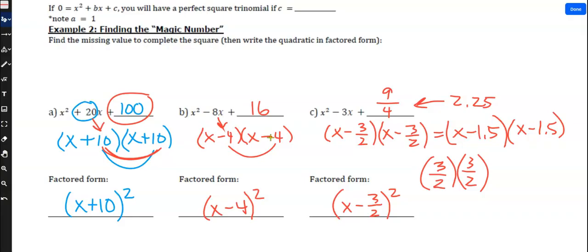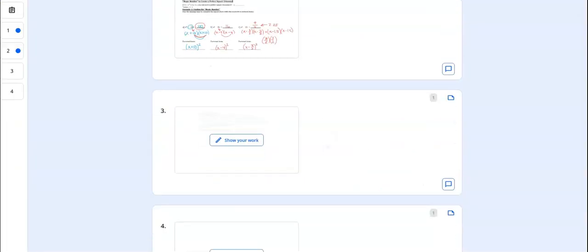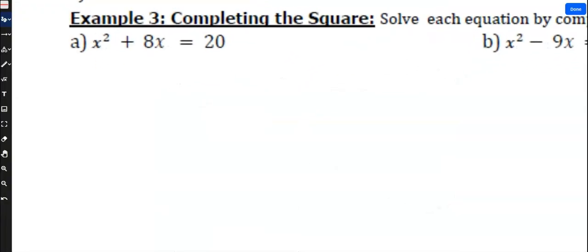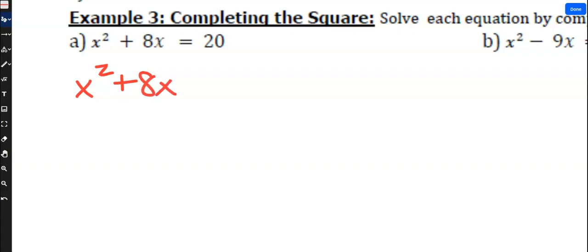But if we know the process is half the linear term and then square it, that's really what they're going to tell you in that magic number anyway. So before I go through any instructions that you see up above, let's just talk through this and see if we can do this without any magic instructions or magic numbers.